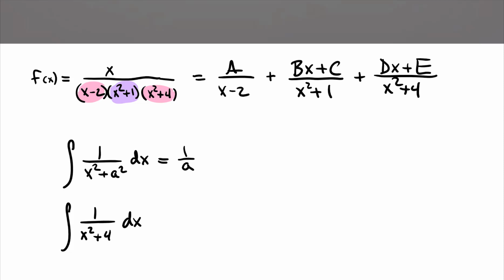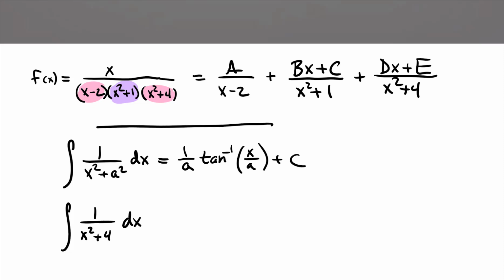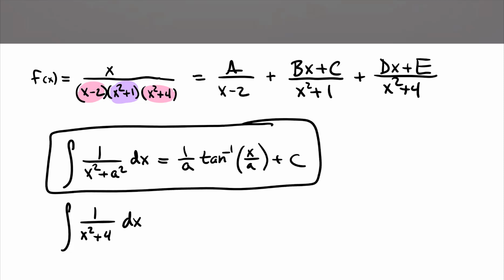This is 1 over a times inverse tangent of x over a plus C. You might want that memorized. Maybe you already have it memorized by going through and doing other pieces of work. But, yeah. So it shows us that, well, what's our a down below? Our a is 2, not 4, but 2. So this is 1/2 inverse tangent of x over 2.